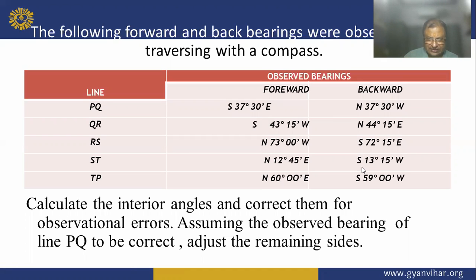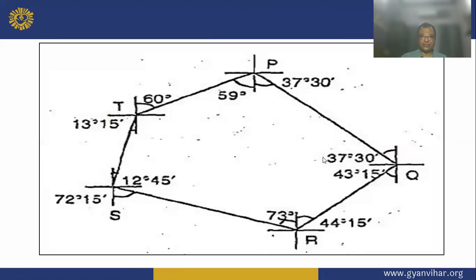So calculate the interior angles and correct them for observational error, assuming the observed bearing of the line PQ to be correct, and adjust the remaining sides. This is the closing bearing. See, this is the closing bearing.